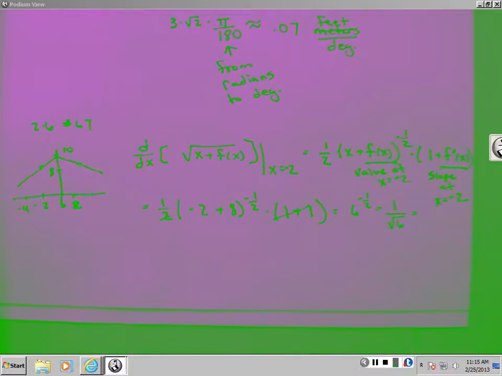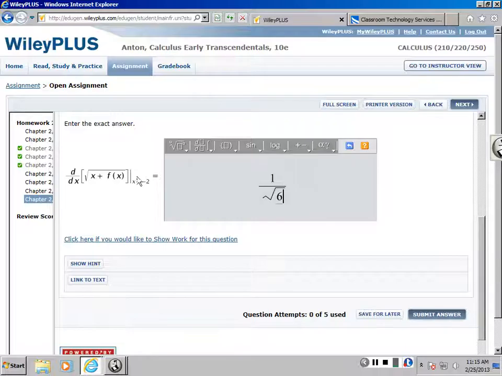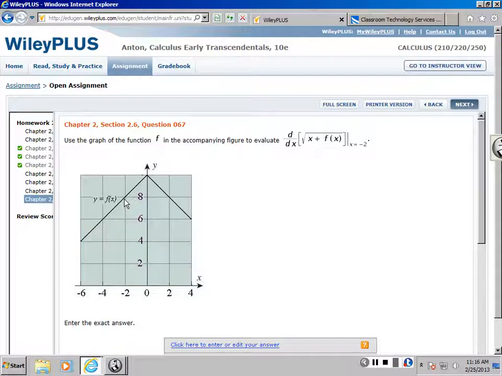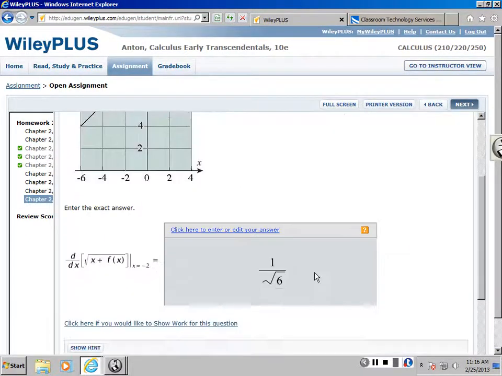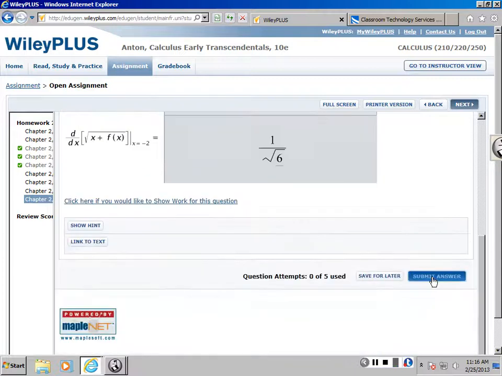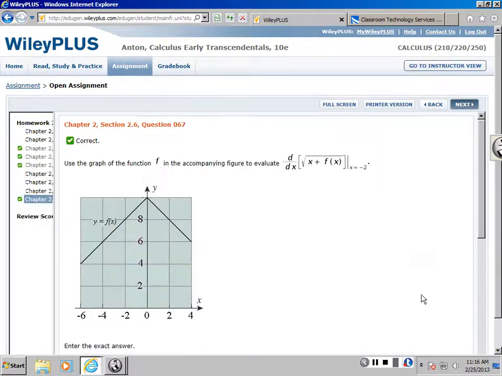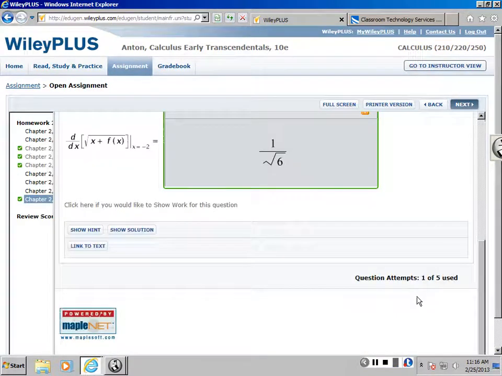So if I look at the picture, it gives me the value at minus 2 is a positive 8. And the slope is 2 over 2, because it's linear here, and the slope would be 1. So this would be 1 over square root of 6. It's perfectly fine.